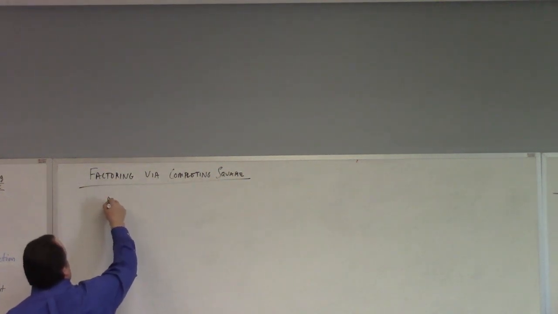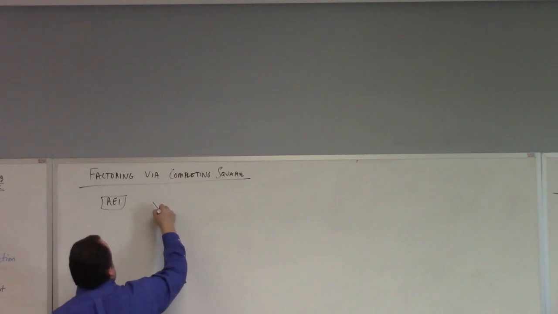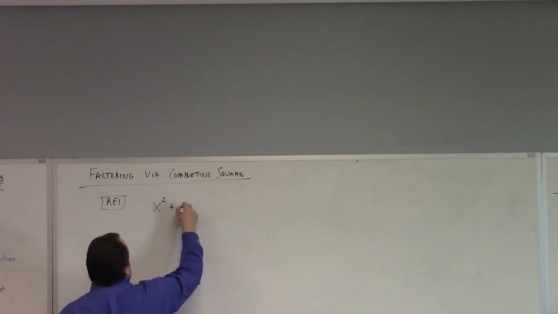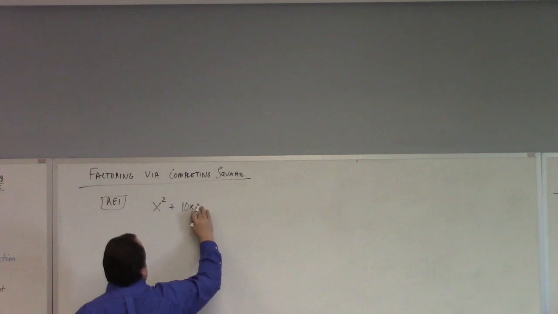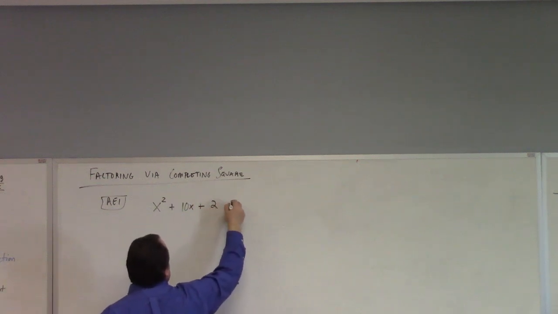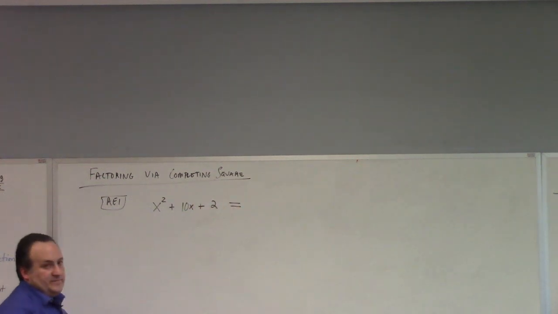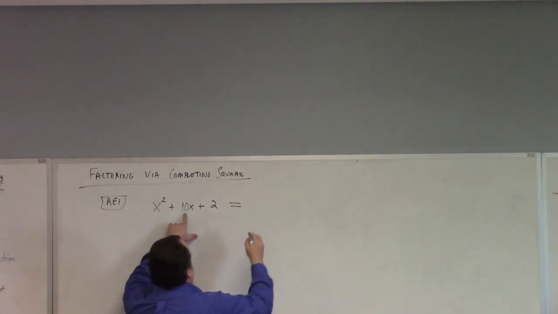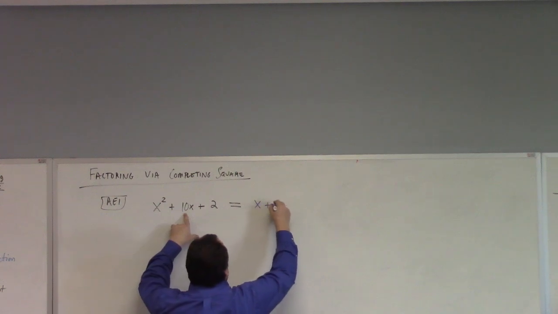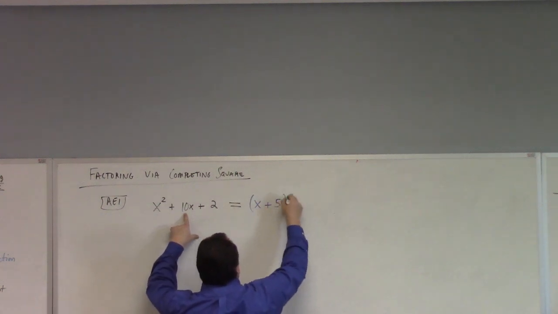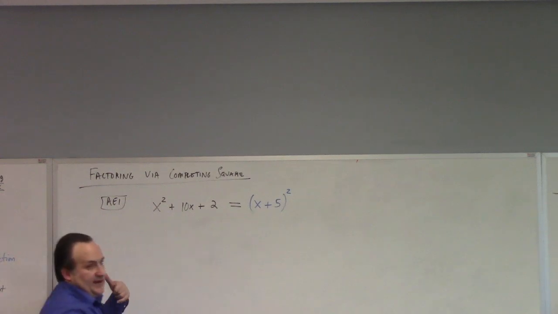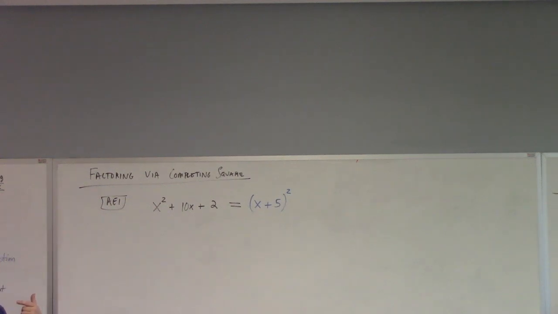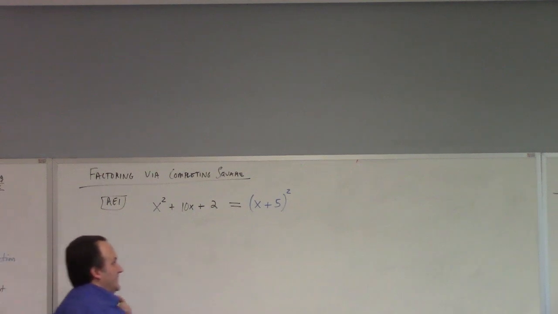So like algebra example 1, suppose we're up against x squared plus 10x plus 2. This does not factor nicely, I promise. So let us complete the square. What we do is simply this. Take half of 10, which is 5, and you square it. By doing that, I have now added 25, so I must subtract 25.